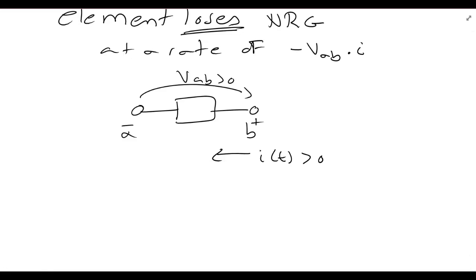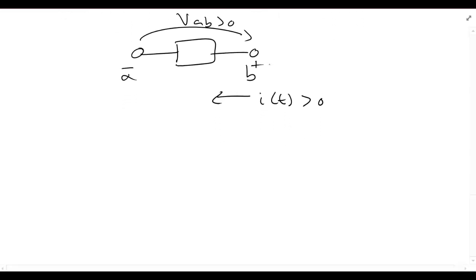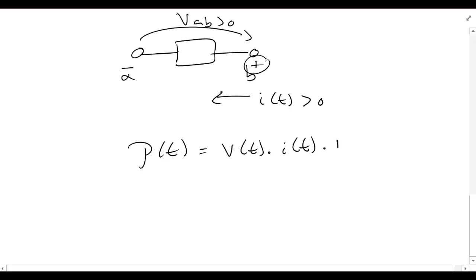As we showed in the last video, if I of t was not greater than 0, we have to flip its direction and its sign. But for now we're assuming that the current is entering the high energy terminal. Then power of t is V of t times I of t times positive 1.